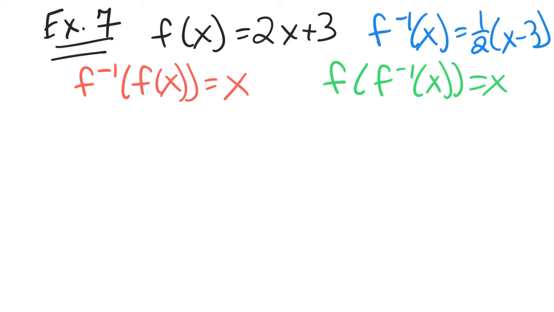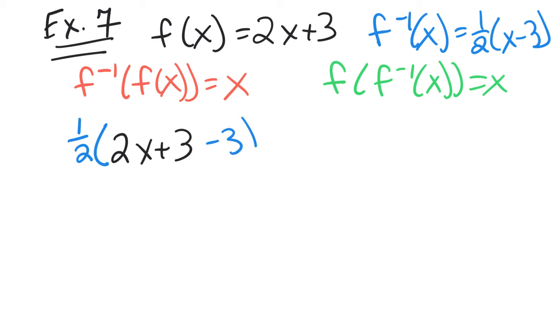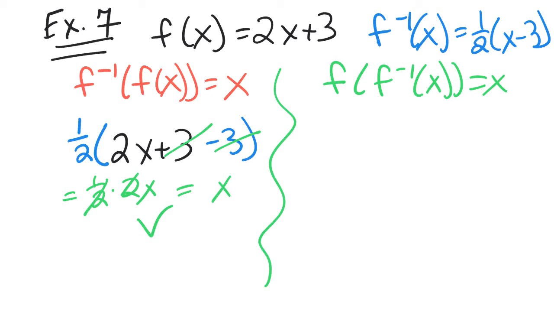So we have our inverse, and in place of x, we are plugging in our function. We see that these 3's cancel out. So we have 1/2 times 2x, which cancel, so we're left with x. So that one's good.